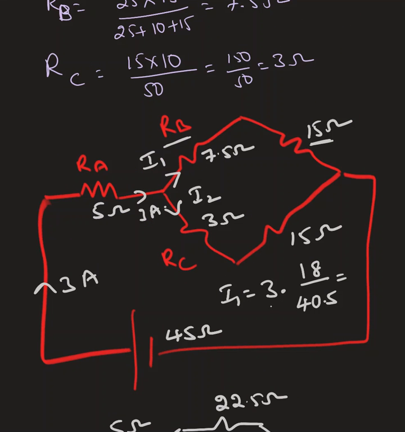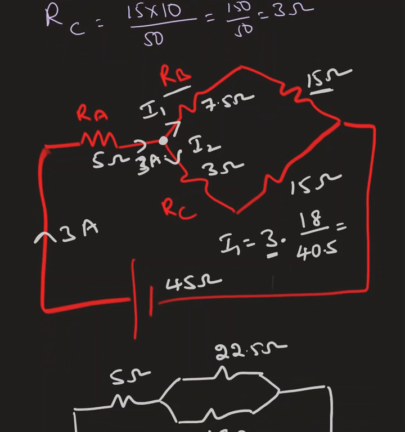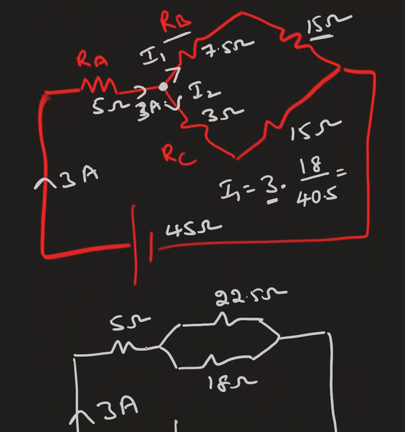The current division rule is the total current entering this node multiplied by the opposite resistance. Here the opposite resistance is these two resistors in series. So the picture here, you can see 3 ampere is entering there. Our goal is finding this I1. So I1 equals total current multiplied by the opposite, which is 18 ohms. This 3 ohms and 15 ohms are in series. So 18 divided by total resistance, which is 18 plus 22.5, which is 40.5.